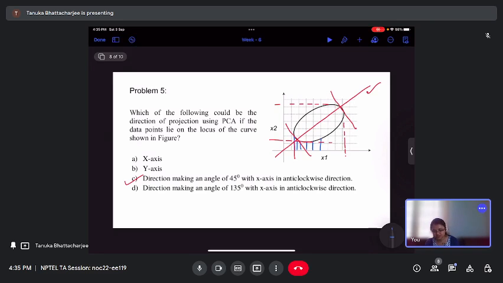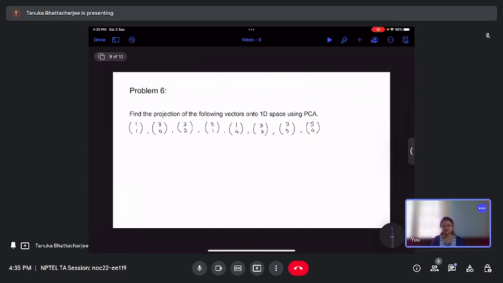Okay. Now, let us work out a complete PCA example. Here the problem is: find the projection of the following vectors onto 1D space using PCA. You have been given 8 samples, 8 data points, each of which is 2D.